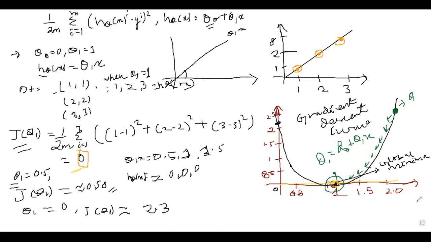Now, whenever we update the theta 1 value, how can we update it? By using the gradient descent algorithm, the GD algorithm.